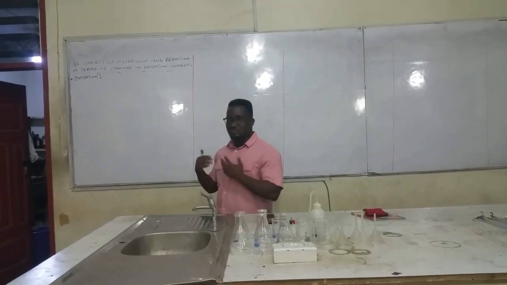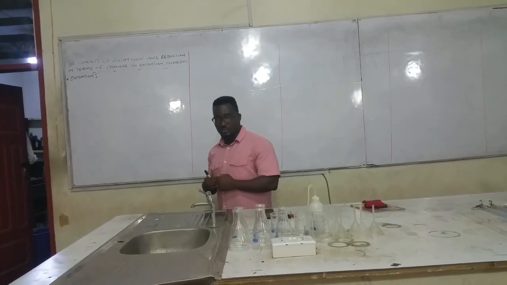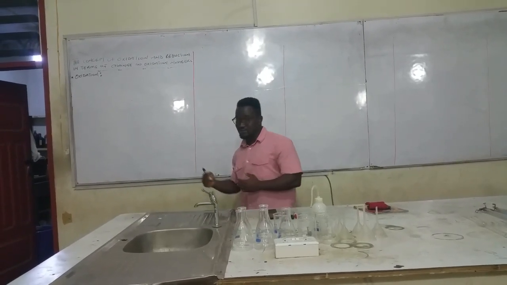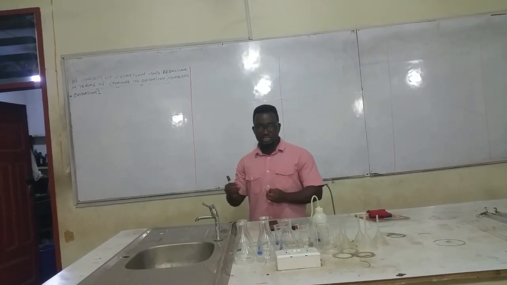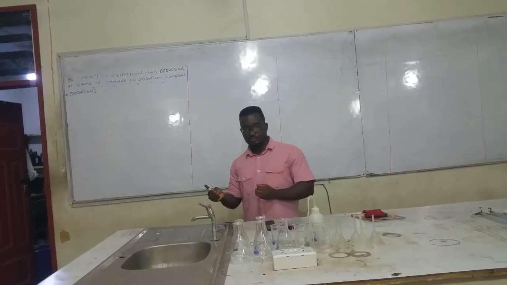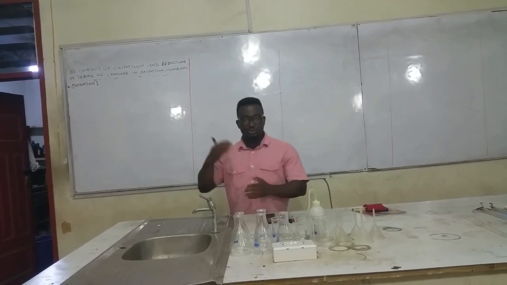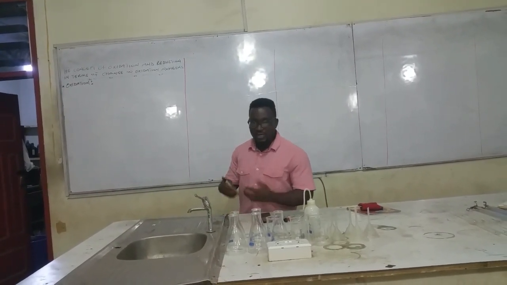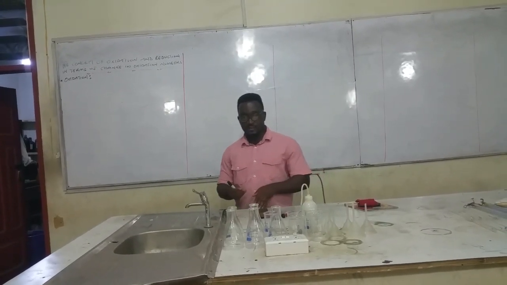When we talk about oxidation process in redox reaction, in terms of oxidation numbers, we are going to look at increase. So when there is an increase in oxidation number of a particular element in redox reaction, then we can vividly say that oxidation has taken place.